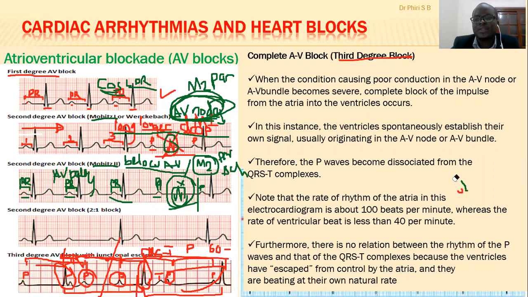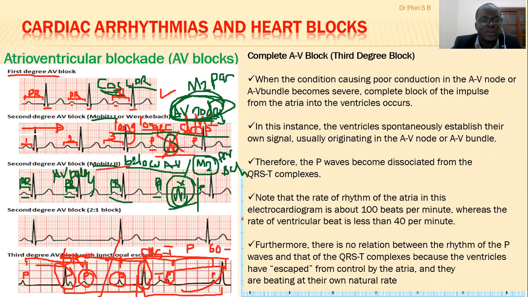And then sometimes, taking you back to the second degree heart block, which is this one here. We say that the second degree heart block is called Mobitz type 2.